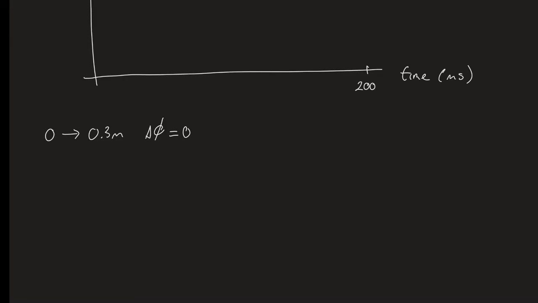So we need to relate this to a time. We'll take the distance it covers, 0.3 meters, and divide that by the speed at which it travels. That will tell us the time that it takes to cover that distance, which is 0.057 seconds, which is 57 milliseconds.